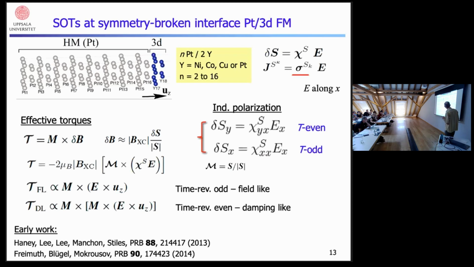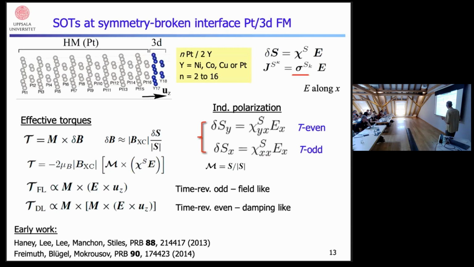And what we do is we take our fields, in plane. Then we can again calculate the spin and orbital Hall conductivity, but now also those induced spin and orbital polarizations. And now again, it becomes important: what is the time symmetry?